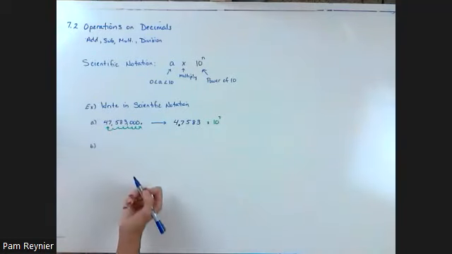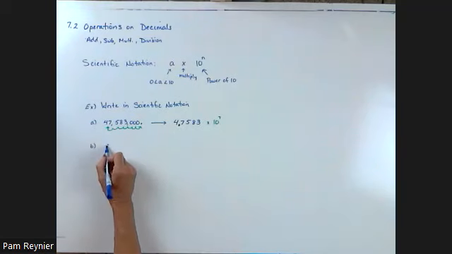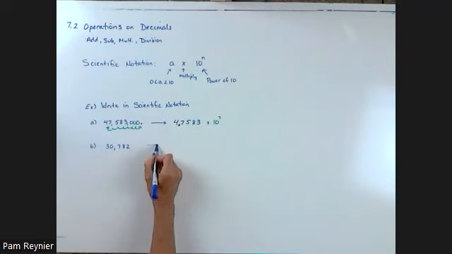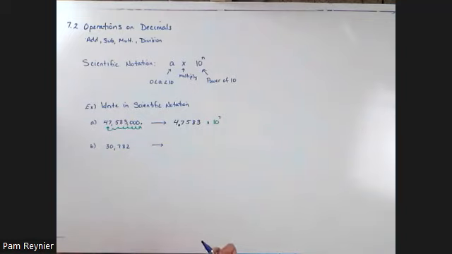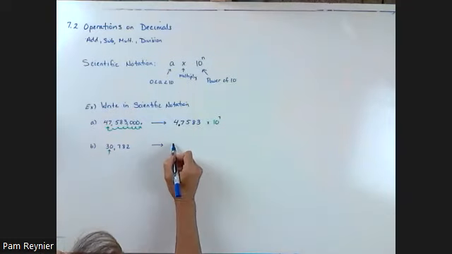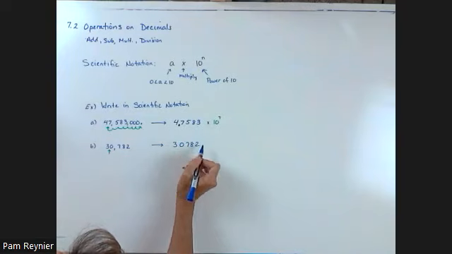We'll do it again. Say I give you 30,782. The first decision is to come up with a place value. Where do you want to put your decimal to make the number between 0 and 10? It looks like it needs to go right here after the 3. So that means it's going to be 3.0782.